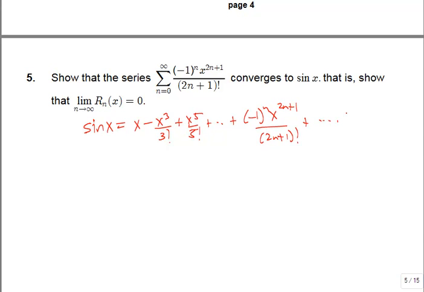So it would look just like this. And what we want to show is that this is true for all x. So we want to show that sine of x actually equals this infinite polynomial for all values of x.